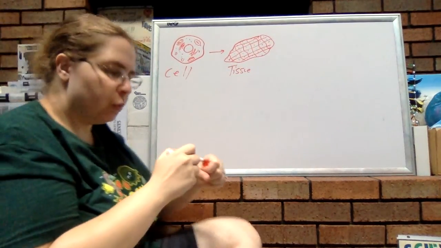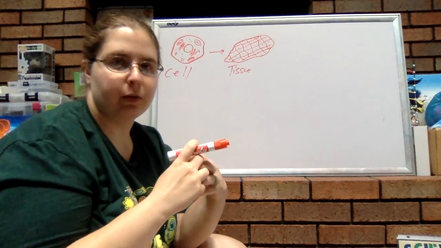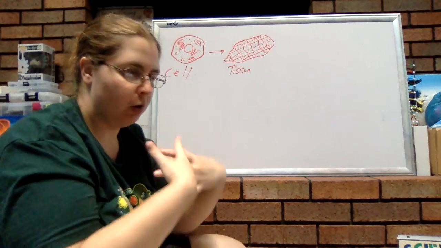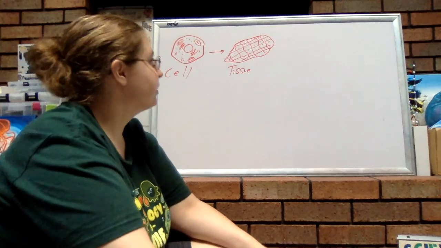So a tissue is when there are cells that are connected, so that extracellular matrix is holding them together, allowing for cell adhesion.